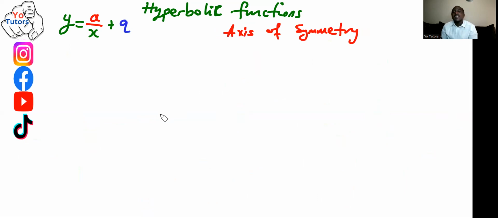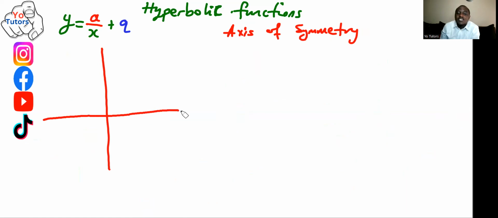Now, there's another thing that we need to understand. Here we need to understand the axis of symmetry. The axis of symmetry is the line that divides your graph into mirror images. So here we have got the y, we've got the x.